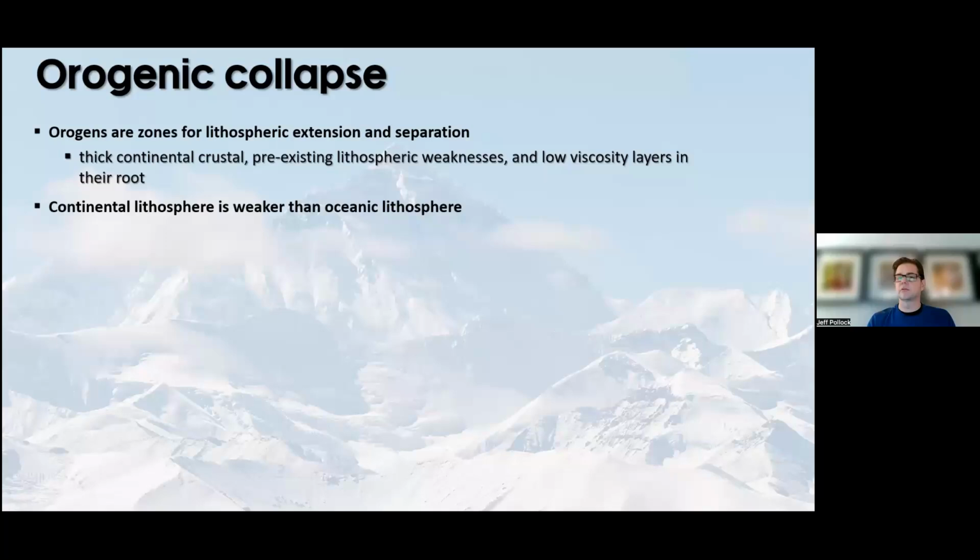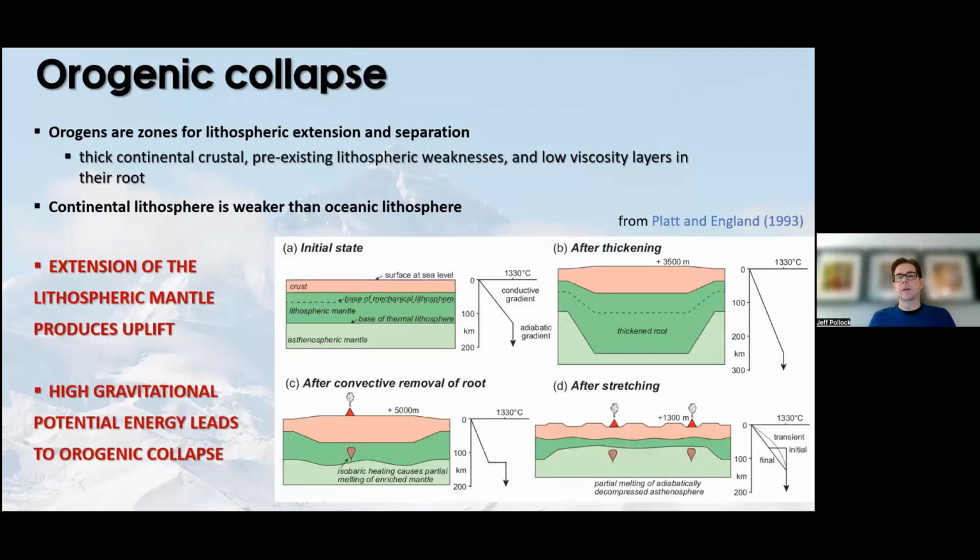They have structural weaknesses in the rocks, low viscosity layers at their base. They're composed of continental lithosphere, which is quartz-rich and is ultimately weaker than oceanic lithosphere. And this is Platt and England's model from John Dewey's '88 paper, showing that once we extend the lithospheric mantle, we will uplift mountains and then gravity will force them back down.